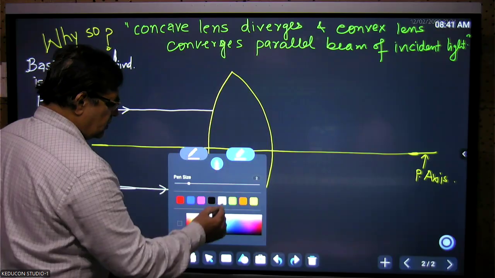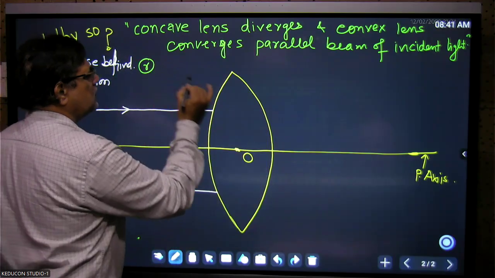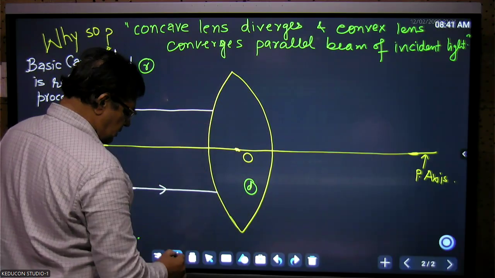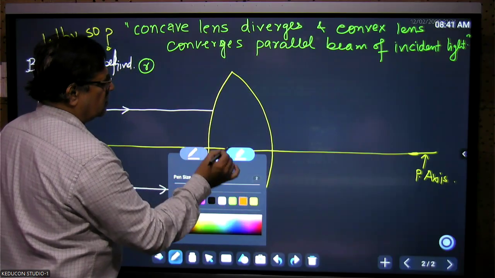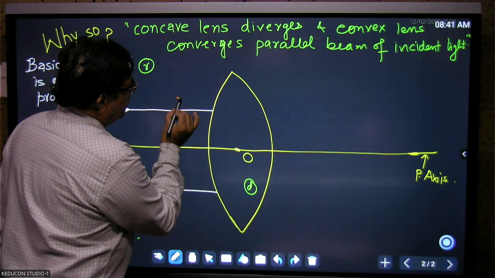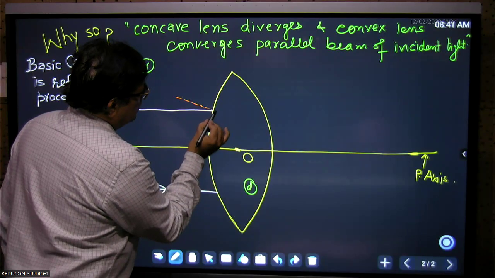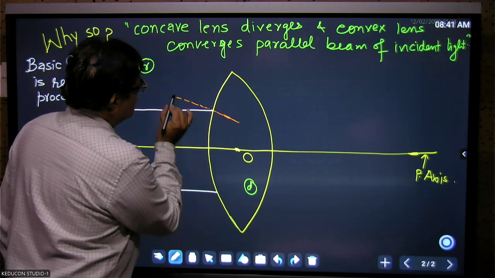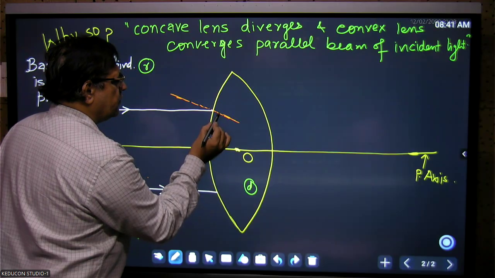Now what happens? Everybody knows this is the rarer medium and the inner one is the denser medium. First of all, the ray of light strikes this surface. Let's draw the perpendicular here. Which perpendicular? A brown dotted line which makes a 90-degree angle with the yellow line.